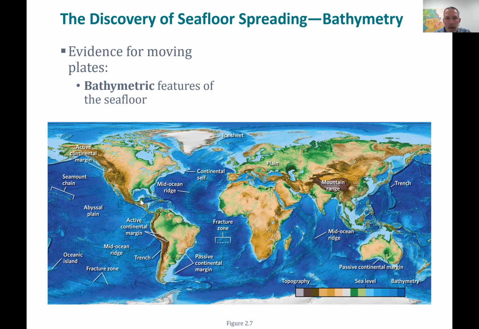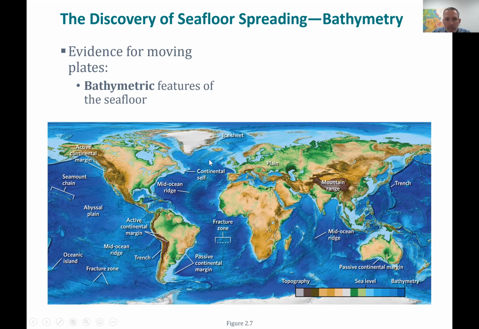I do want to point out here's that continental shelf I mentioned, where we transition from continental crust to oceanic crust, and you can see there's quite a distinct difference between the two. The continental shelf is just the submerged portion of the continent. We do have some flat areas, the abyssal plain, but it's not exclusively abyssal plain.